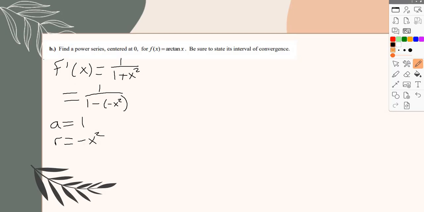Okay. So then what would our summation be for f prime? Negative x squared, what? Yeah.